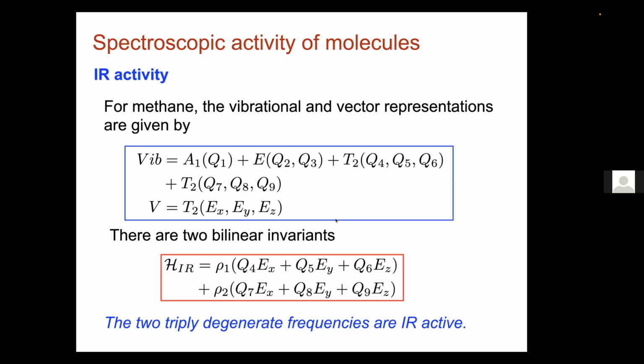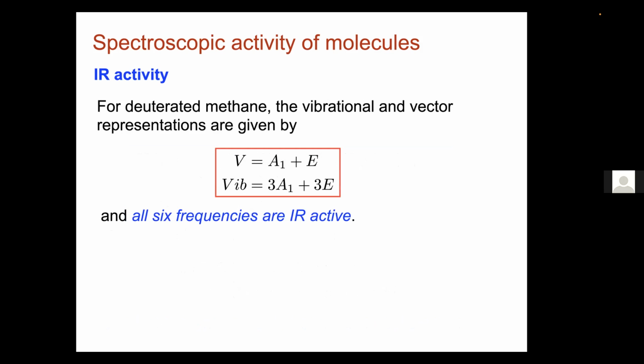Okay, let's do the same thing for the deuterated methane. For deuterated methane, both decompositions are different. They are very different. This is reducible. This is A1 and E, and this is like this. So now you see, I'm not going to construct the Hamiltonian. I think you are supposed to do this in one exercise.